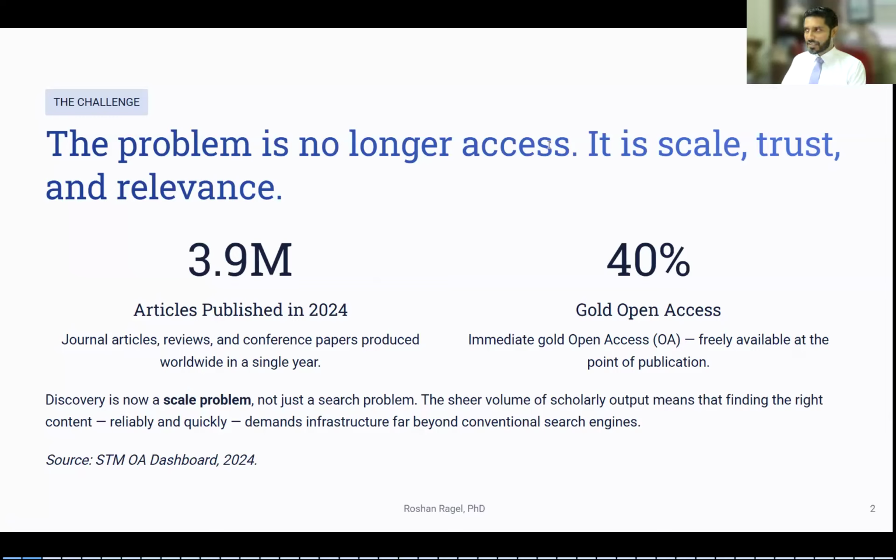It's not just AI, but the data the library handles keeps increasing. And if you look at numbers, for instance, I just took these numbers from the STM Open Access Data Dashboard from 2024. The percentage of open access publications is about 40%, out of about 4 million articles being published in a single year.